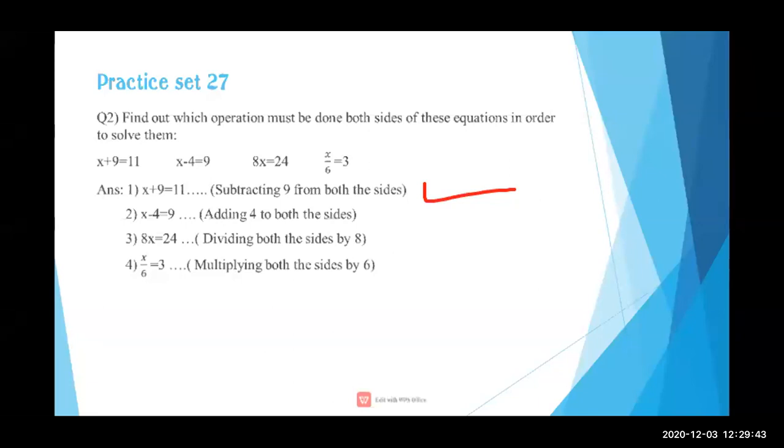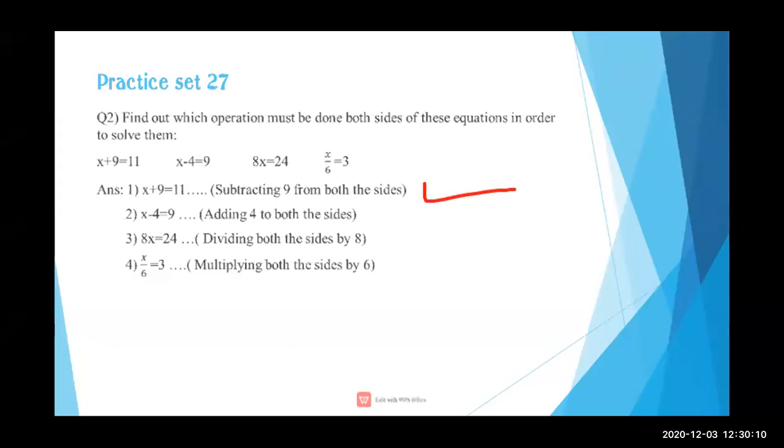Plus 9 will change into minus, so we have to write subtracting. You are subtracting 9 from both the sides. So you will write subtracting 9 from both the sides.